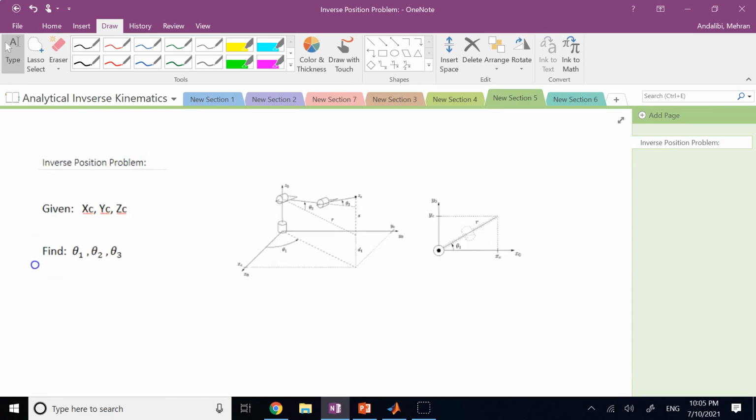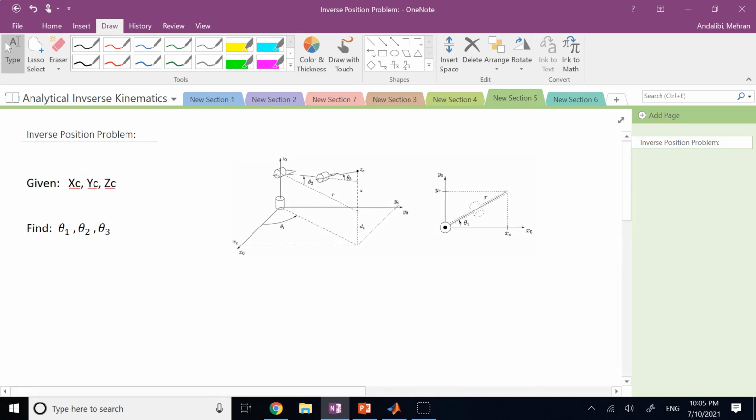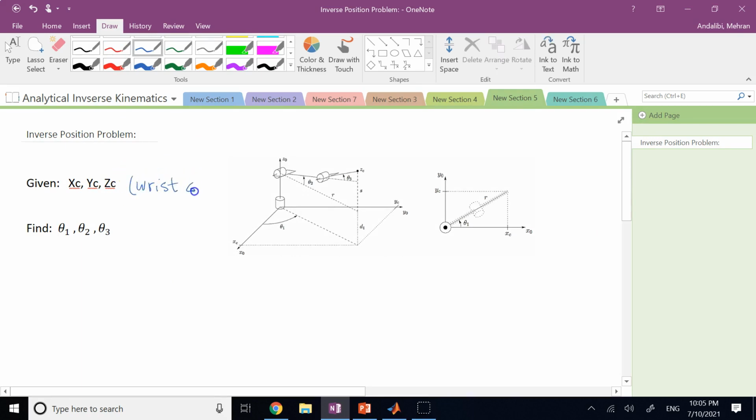So here, for the inverse position problem, if I know the position of the wrist, so these XC, YC, and ZC, these are the wrist coordinates, as I told you, it is only a function of the first 3 angles.